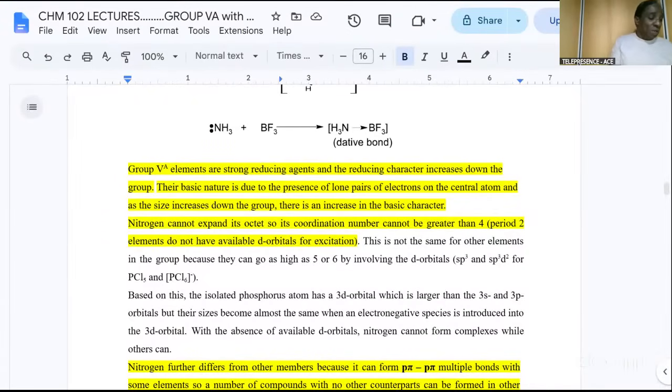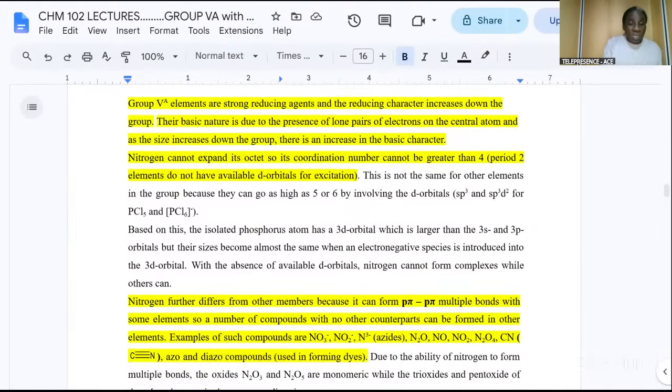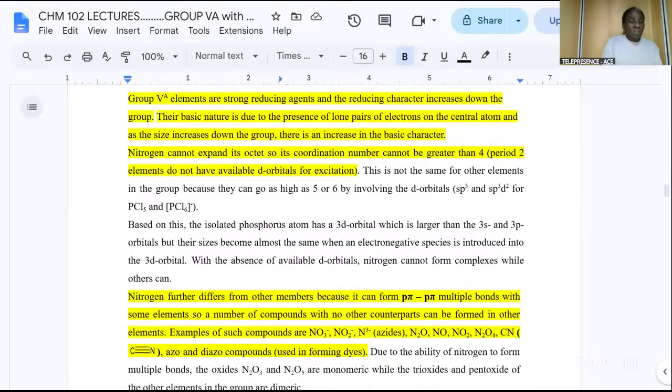It is not possible for it to expand its octet. I've explained this very well. But every other member of the group, yes, you are getting closer. Let me quickly go on. You will see that phosphorus can form PCl5, can form PCl6.